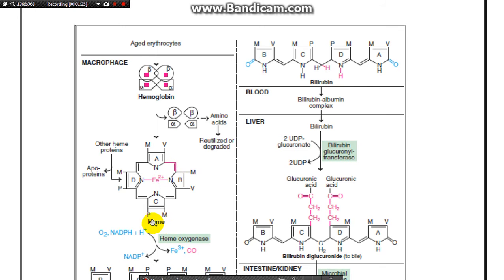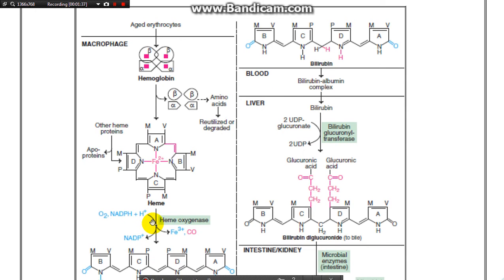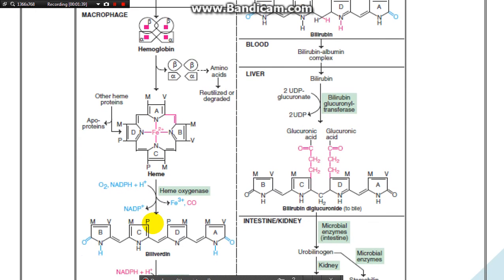liberates another compound called biliverdin. In the presence of oxygen and NADPH, it gives NADP plus, and releases the ferrous iron that is present in this structure.